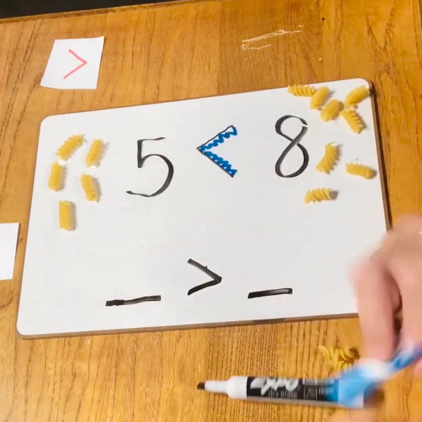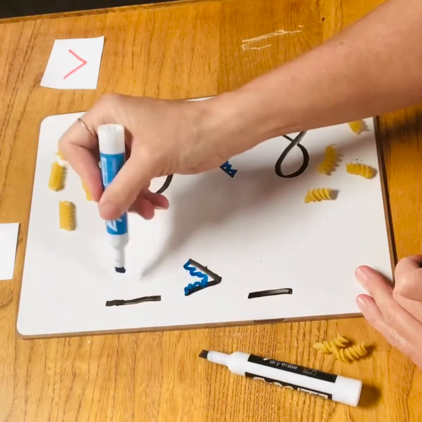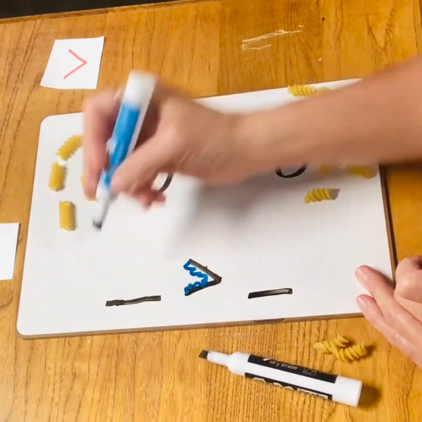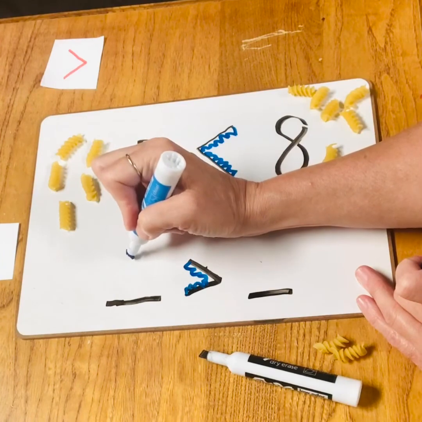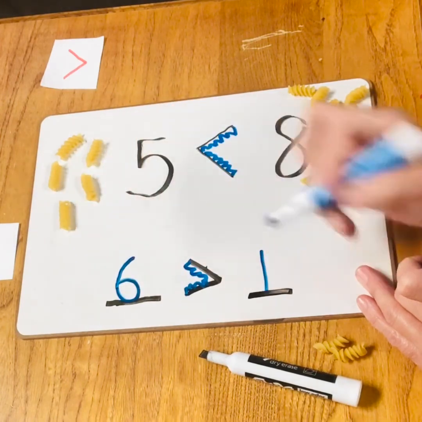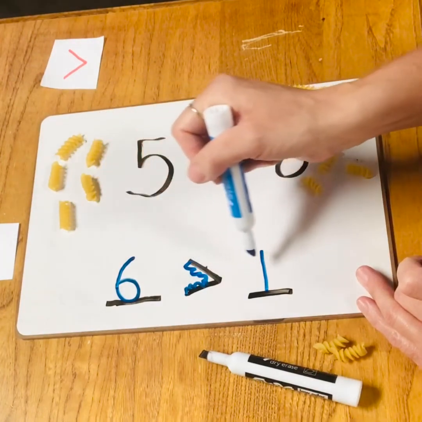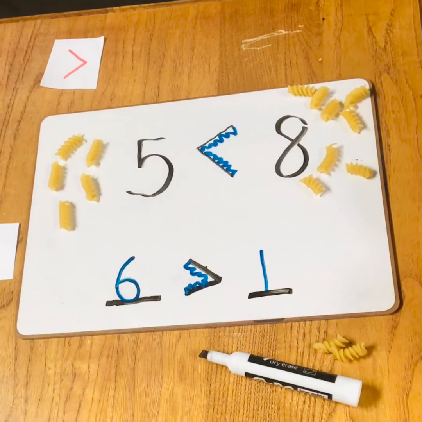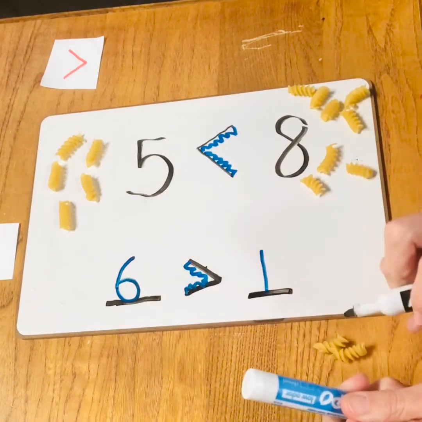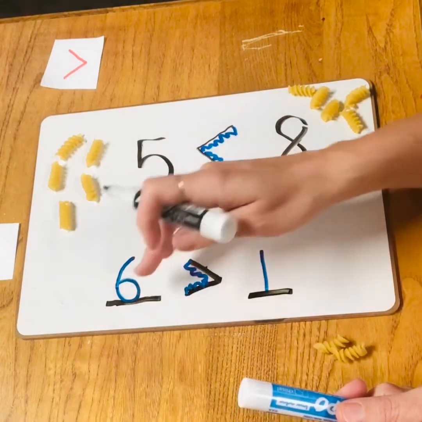Remember, this is the symbol, meaning that this side is going to be greater than this side. So I know, for example, I could put the number 6 over here and the number 1 over here. And this would tell me that 6 is greater than 1. Okay? So that's another part of the homework where you have to fill in numbers.